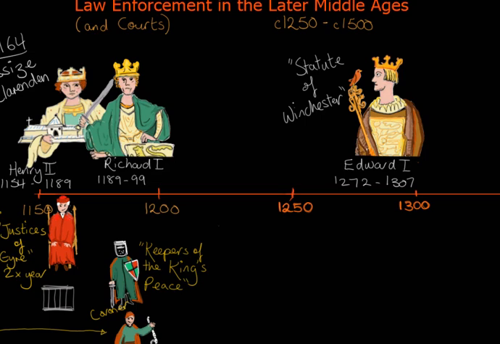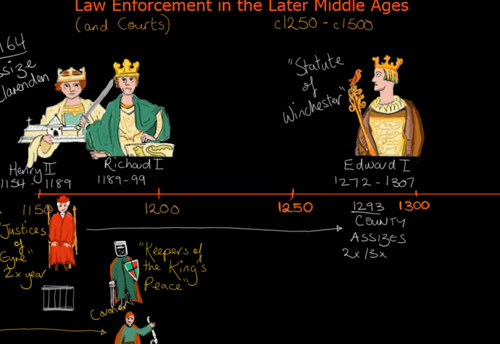For starters, they create what is known as the County Assizes in 1293. And these involve those royal judges who are now expected to travel the country 2 to 3 times a year.